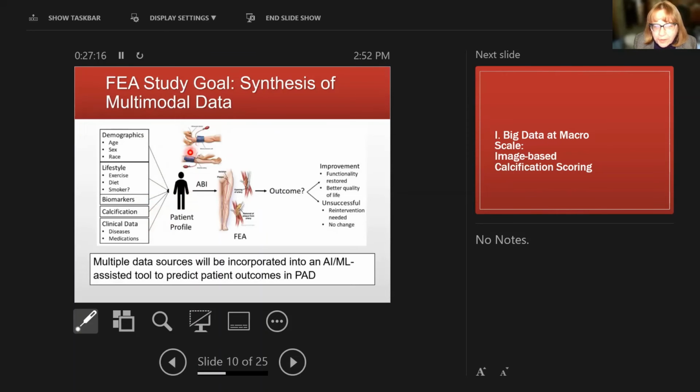We want to use all of this information to try to predict patient outcomes in terms of whether they have a beneficial outcome and their limb function is restored, or if they have an unsuccessful outcome, which I've already defined as major adverse limb events.